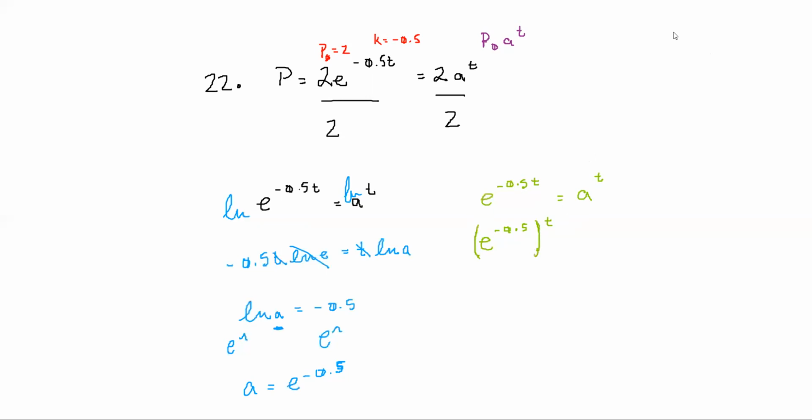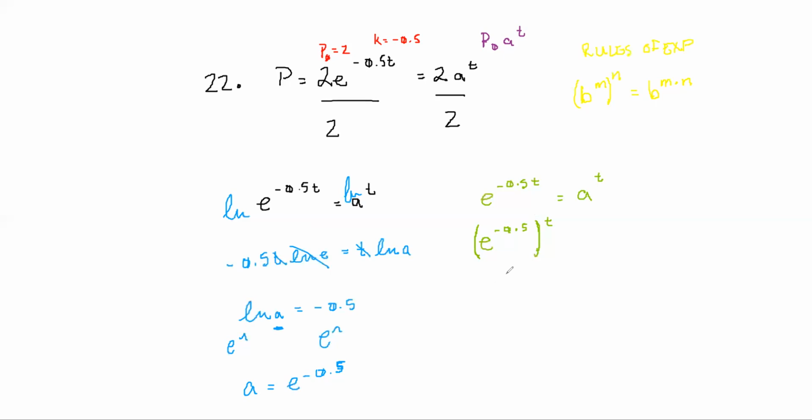Because of our rules of exponents, you guys went over these, right? If you have b to the m to the n, it is equal to b to the m times n. So this is rules of exponents.